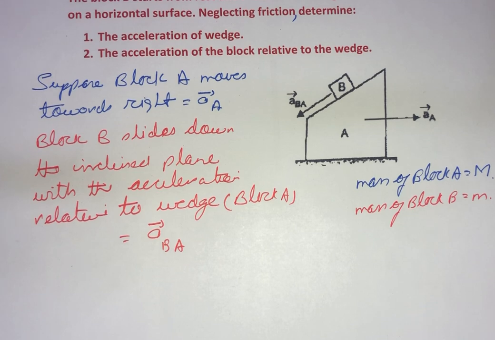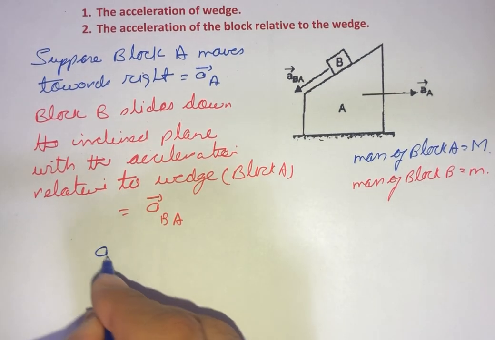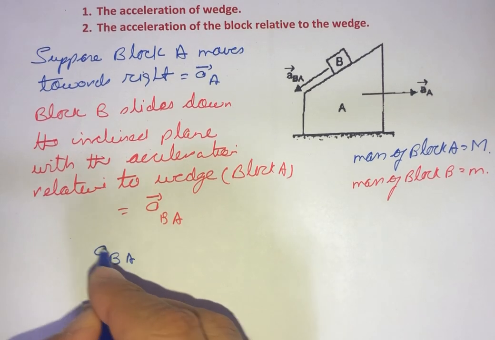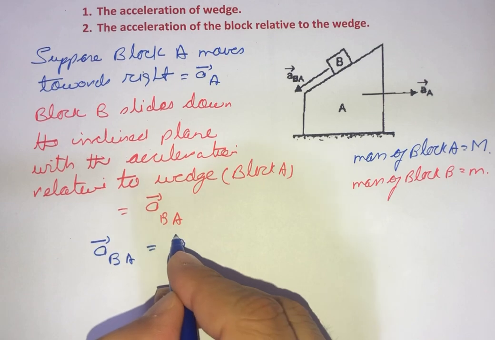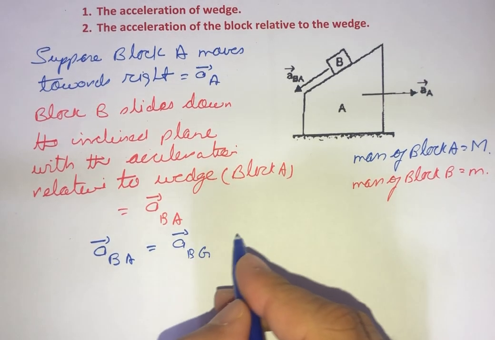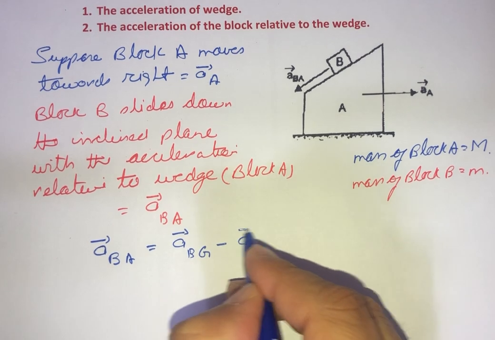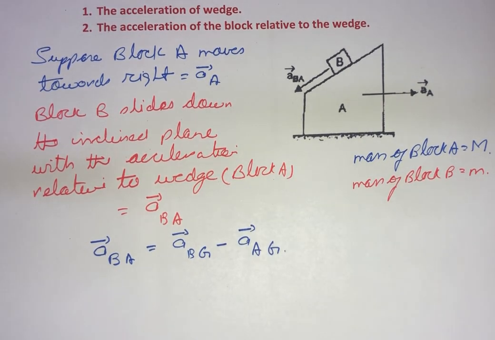So we can say that this acceleration of block B with respect to the wedge can be written as acceleration of block B with respect to ground minus acceleration of block A with respect to ground.